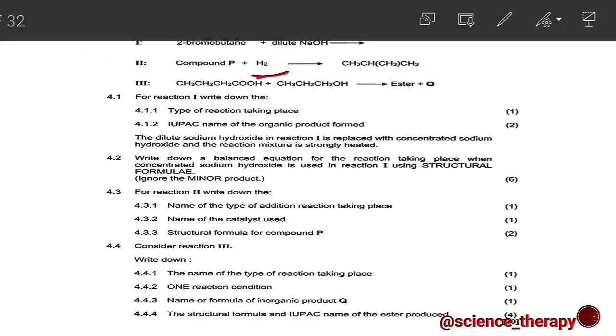So to come about with the structural formula of compound P, let's check what is going on here. So how many carbons do we have in our straight chain or our longest chain? We have 1, 2, 3. Remember, this one in brackets is a what? Is a branch, right? Which is occurring in carbon number 2.